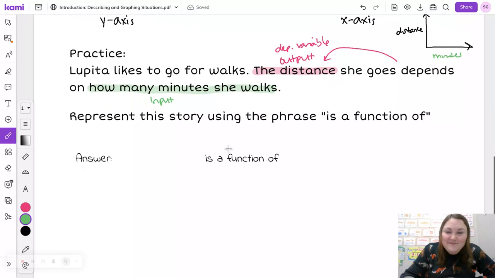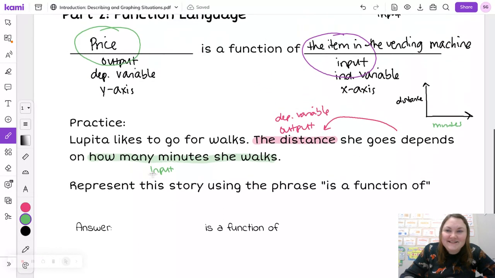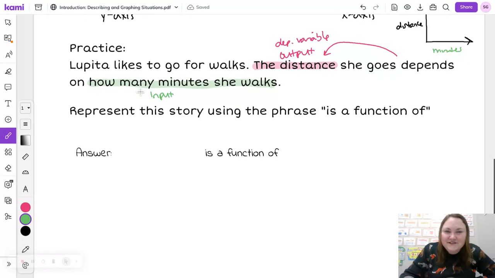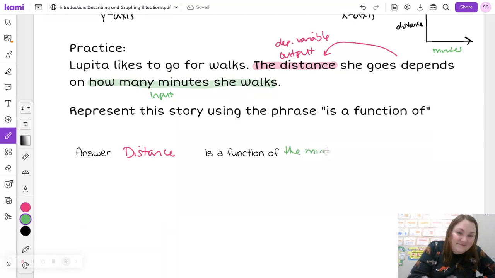After you know that, it makes writing the sentence pretty easy, as long as we remember you always start with the output. So my sentence would say, distance is a function of the minutes she walks.